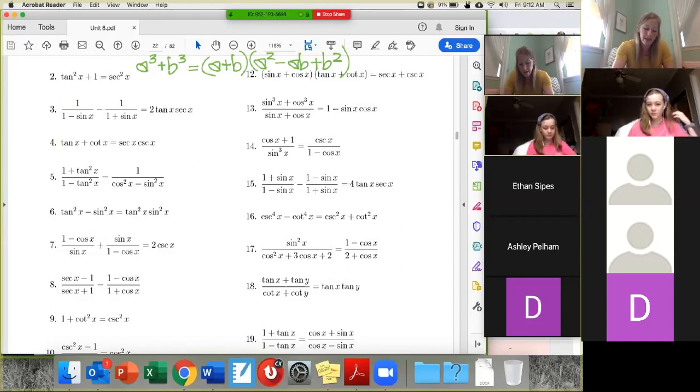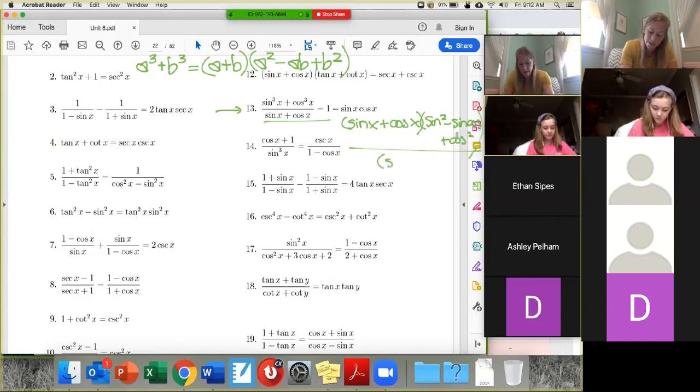So using that for something like question 13 right here, it makes the top factor pretty easily into sine plus cosine, and then sine squared minus sine cosine plus cosine squared, all over what was on the bottom here, which was sine plus cosine.